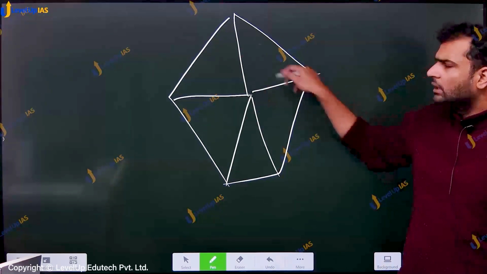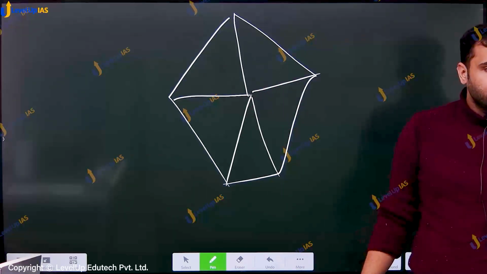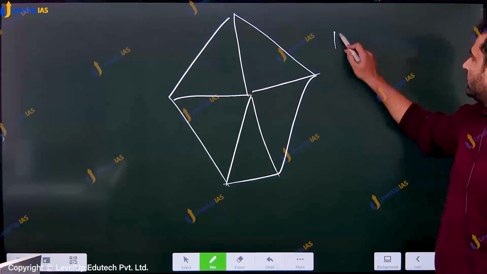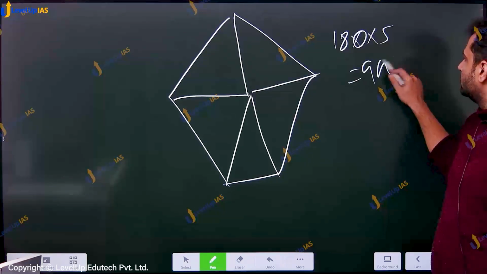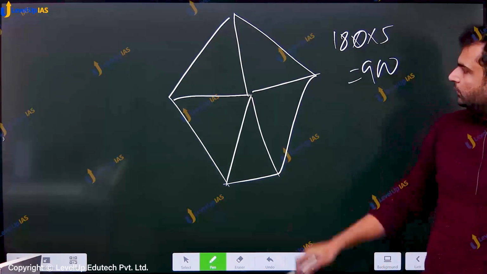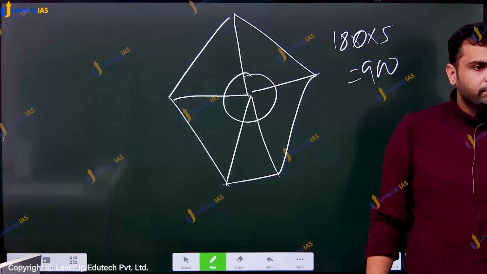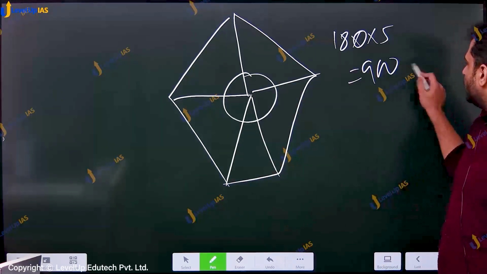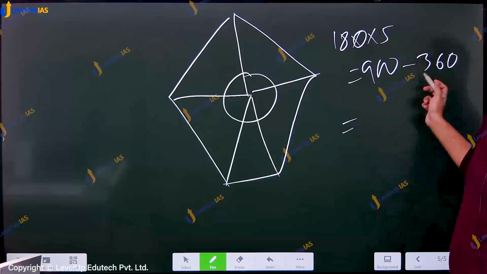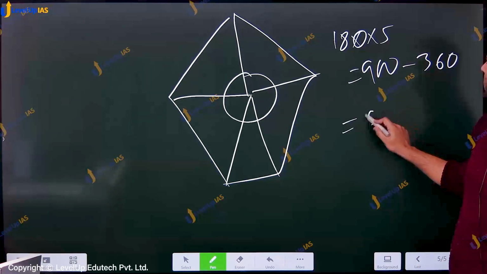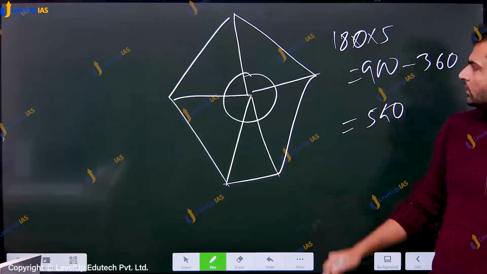So what is the sum of all the angles of all these triangles? 180 into 5 is equal to 900, out of which I subtract these angles. What is there? Minus 360. What do I get? 540. You can do the subtraction. 540.